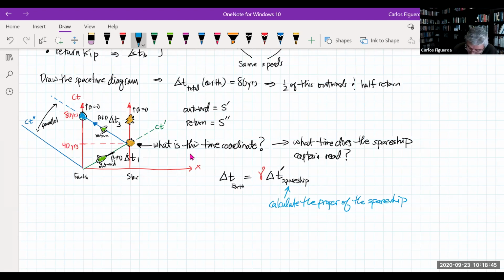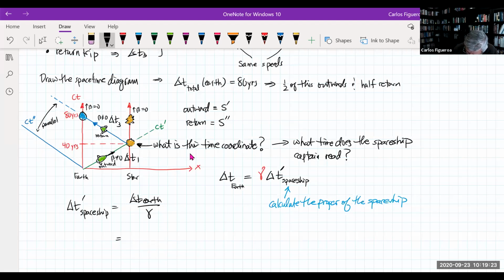So if I do that, then I could say that the time in the spaceship, because look, I'm on that CT prime, I need that coordinate right there. That then has to be that of Earth divided by gamma. In this case, I'm going to get 1 minus 0.95 squared, square root. Ooh, I made a mistake here, I'm writing that wrong.